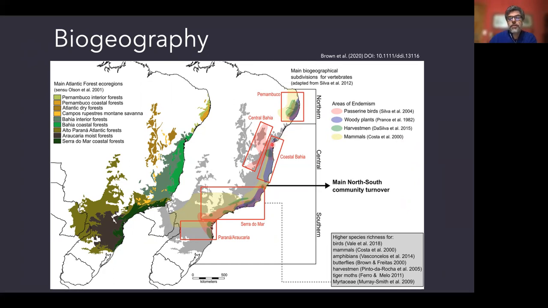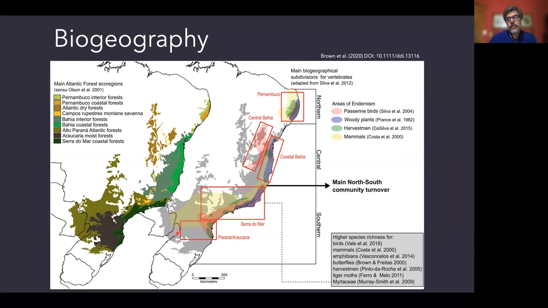Then you have species that occur in the coastal area of Bahia and Espírito Santo here, and also some that occur in the central area of Bahia. That's a different set of species that occur either here or here. Then you have the Serra do Mar distribution, which are species that range from south of the Rio Doce all the way to the south here.